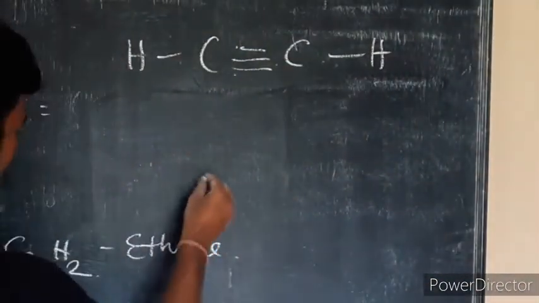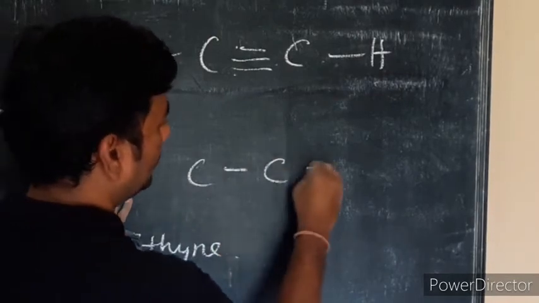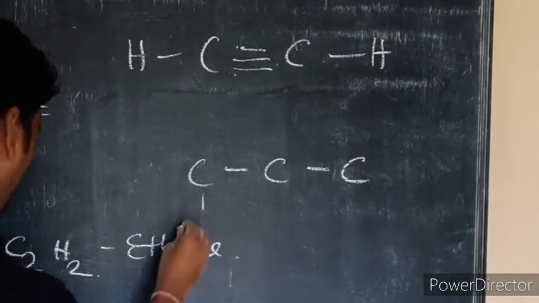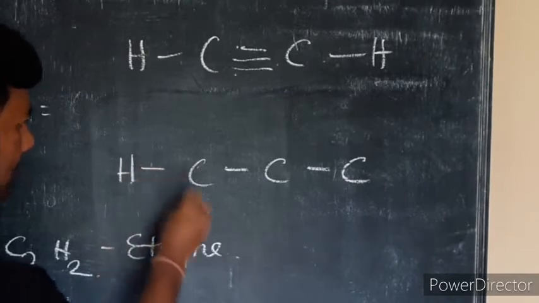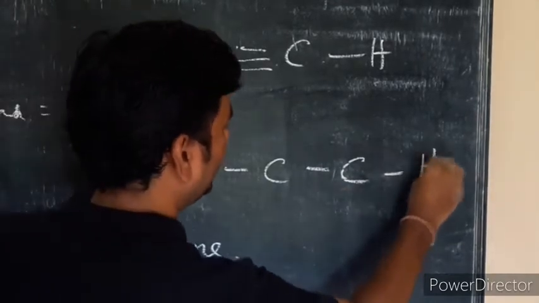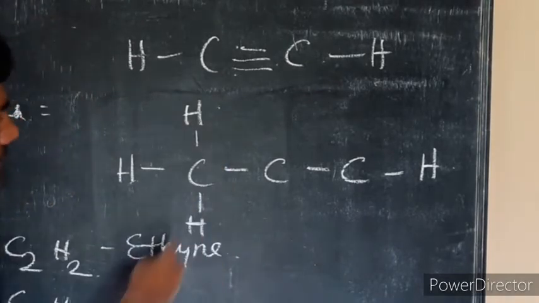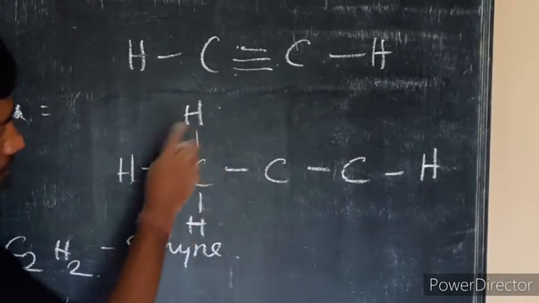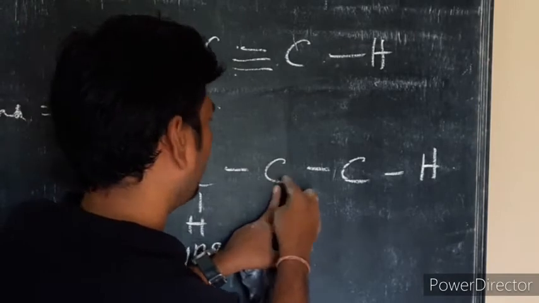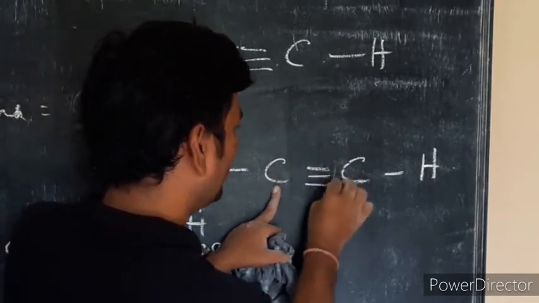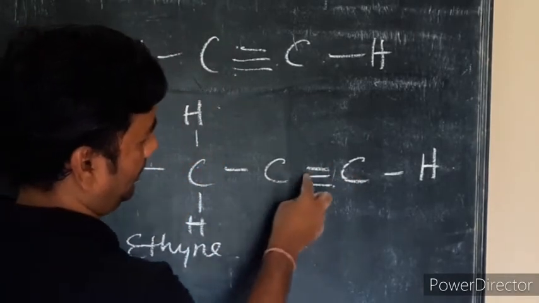Similarly propyne: carbons 1, 2, 3, and total how many hydrogens? 1, 2, 3, 4 I will consider. This carbon has 1, 2, 3, 4, over. For this one only 1, 2, 3, so this is 4.